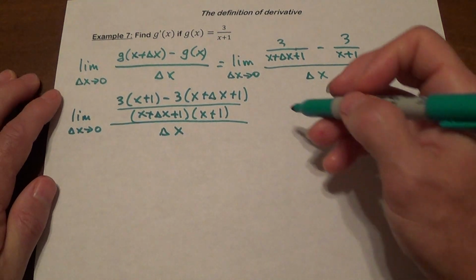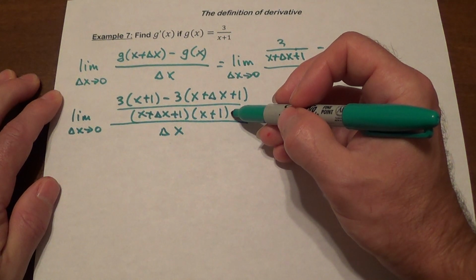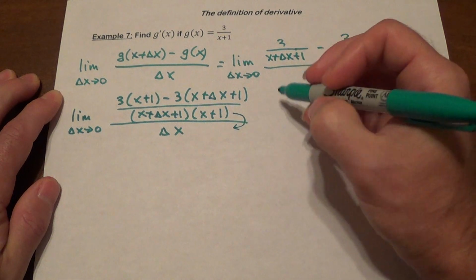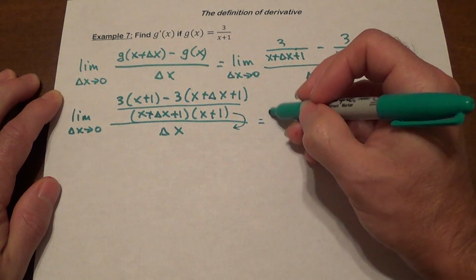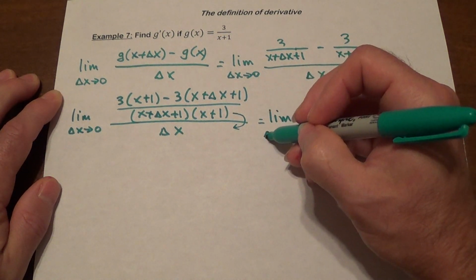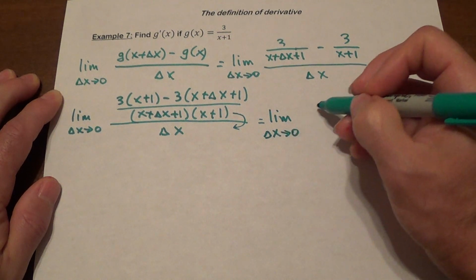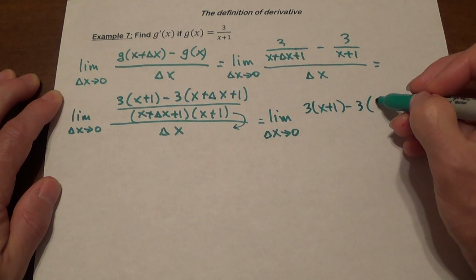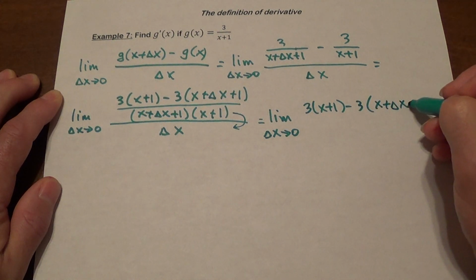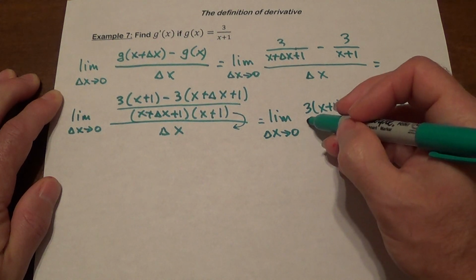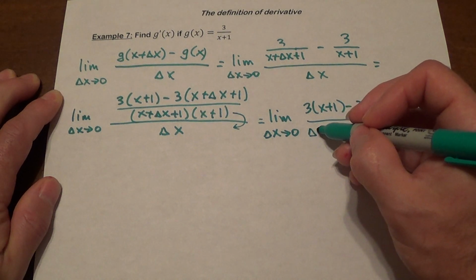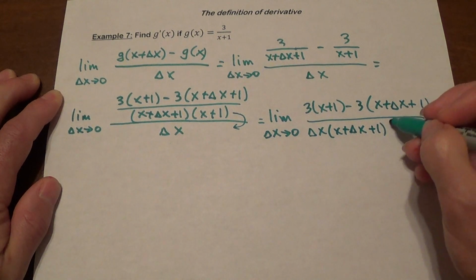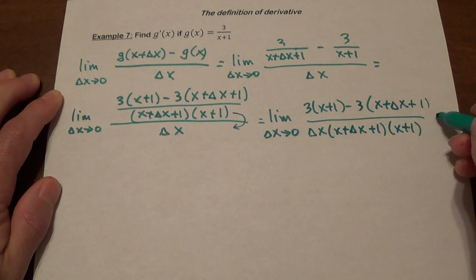So what we really need to do is we just need to drop this line here down. So let's rewrite it first. So it's all over delta x times x plus delta x plus 1 times x plus 1.